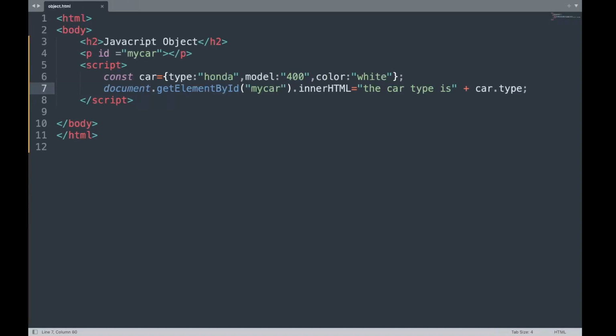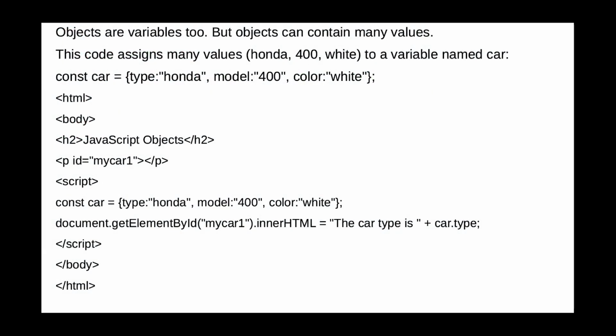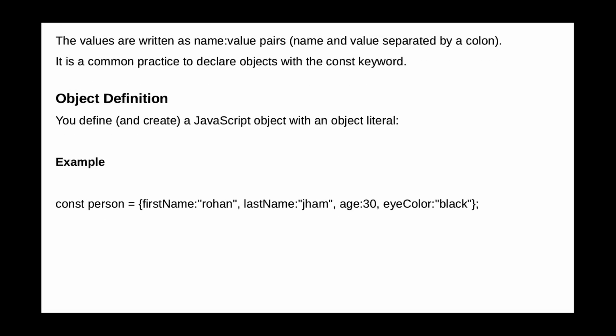So next, the values are written as name value pairs. It is common practice to declare objects with the const keyword. So for object definition, you define or create a JavaScript object with an object literal.